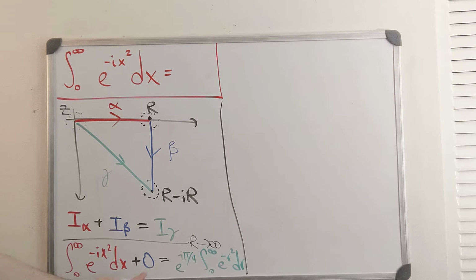And by showing that this blue integral will disappear in the limit, we'll be able to equate the thing we were trying to evaluate to this thing that we know how to evaluate.